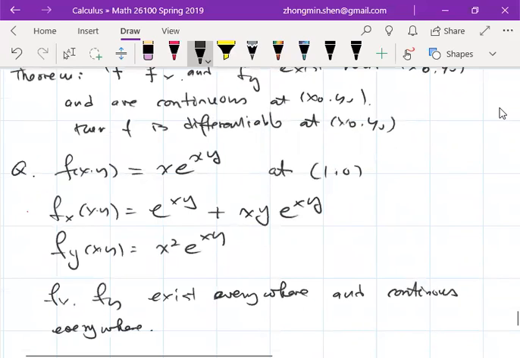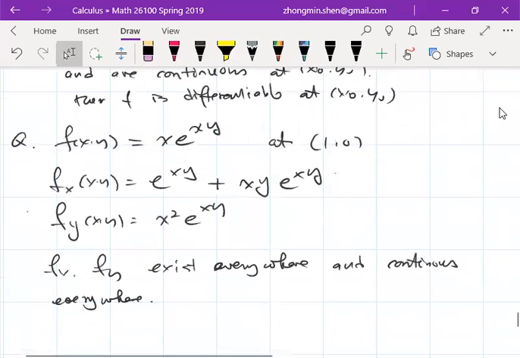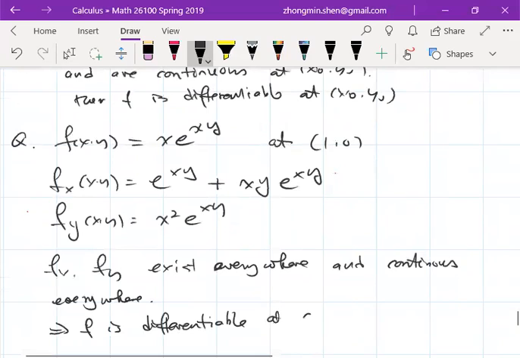So in particular at that point, this implies f is differentiable everywhere, at any point, in particular at that particular point.